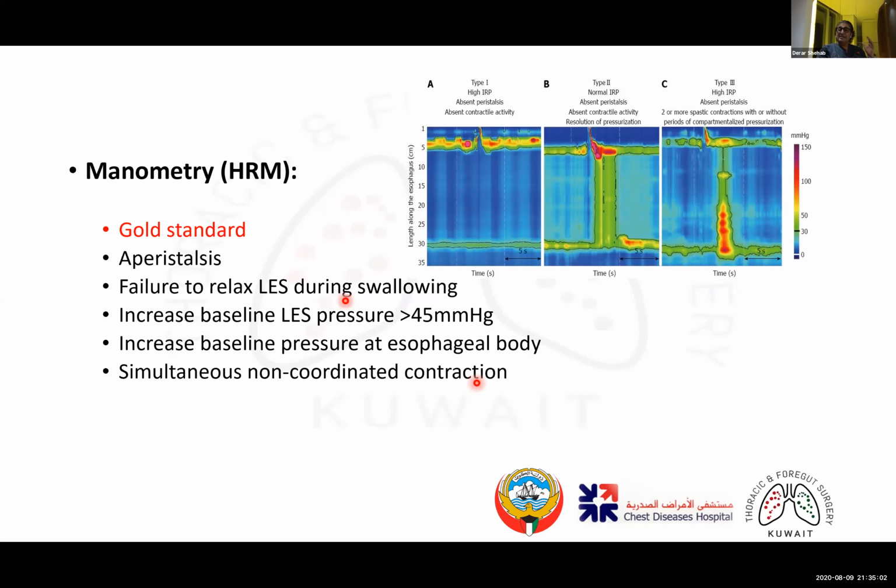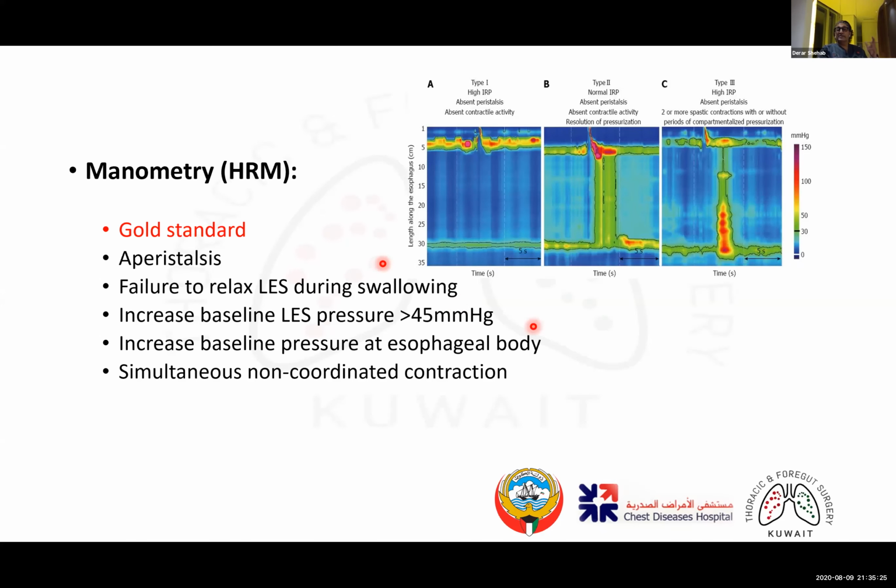In achalasia, the manometry will show aperistalsis, failure of the LES to relax during swallowing, and increased LES baseline pressure, more than 45 mmHg.